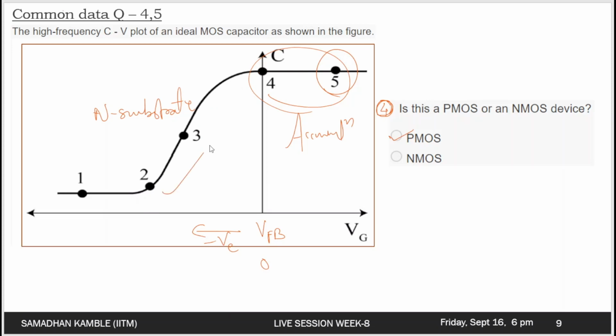So this is indeed the depletion region, and as we know, at a particular voltage called V threshold, for which phi s is twice phi f, we get beyond this point the inversion regime, where the N substrate effectively behaves as a P substrate near the interface.